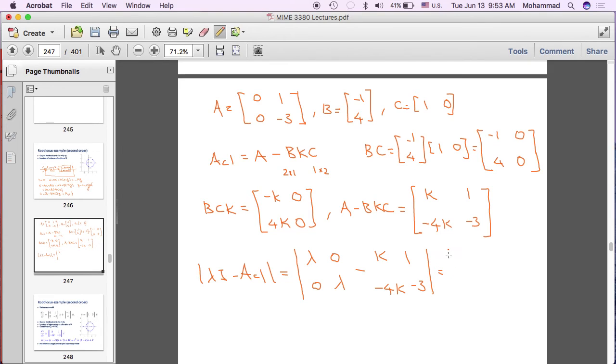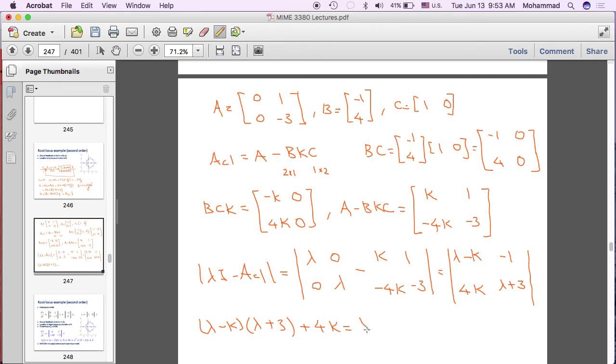So this would be the determinant of lambda minus K, minus 1, 0 minus minus 4K, so it's plus 4K, and lambda plus 3. So let's carry out the determinant. It becomes lambda minus K times lambda plus 3 minus minus 4K, which is plus 4K.